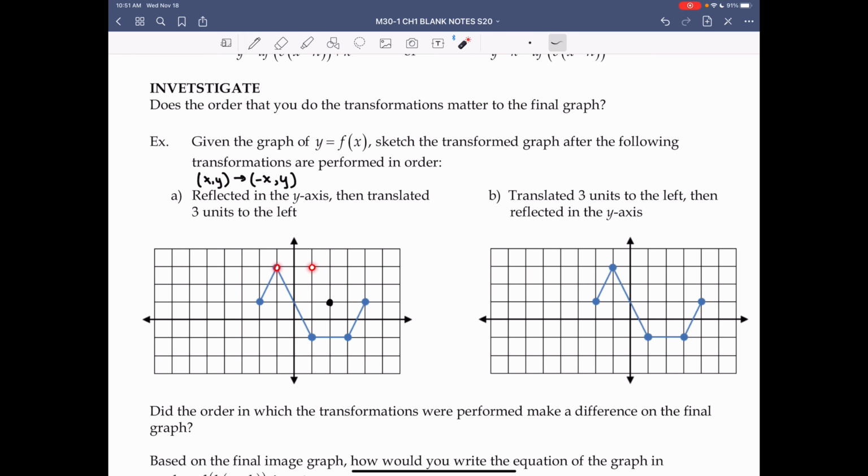And then draw our lines to finish the graph. So this graph is our graph that was reflected and then translated.